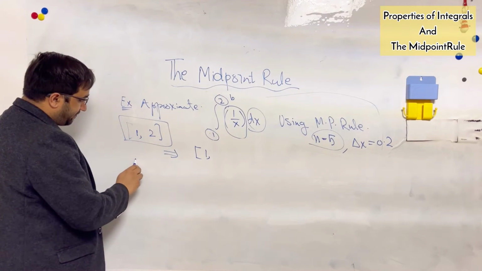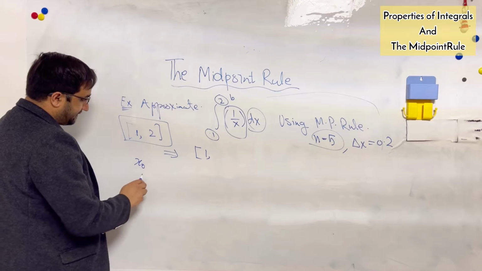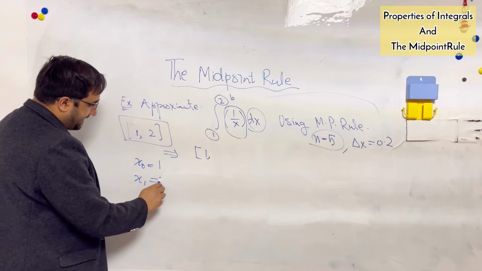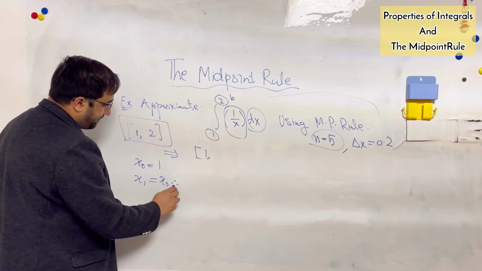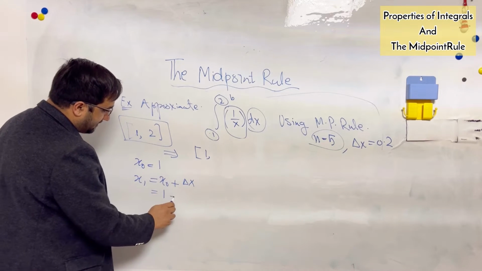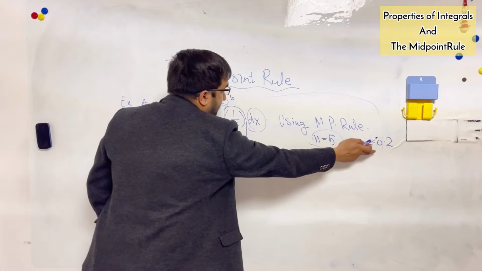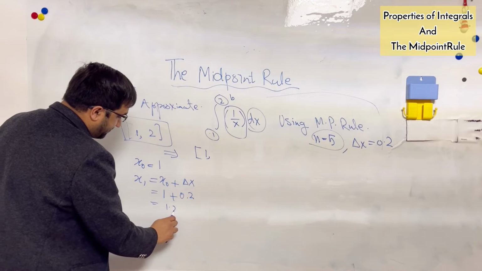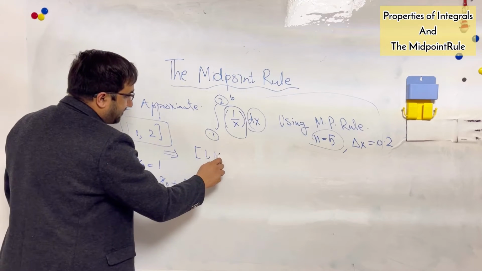Now the second point: if this is x naught equals 1, then the next point will be x naught plus the width of the interval. That is 1 plus the width of the interval, which I have already determined, 0.2. So it will be 1.2. So the next point will be 1.2.